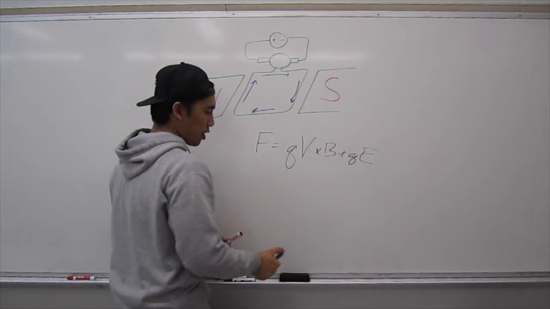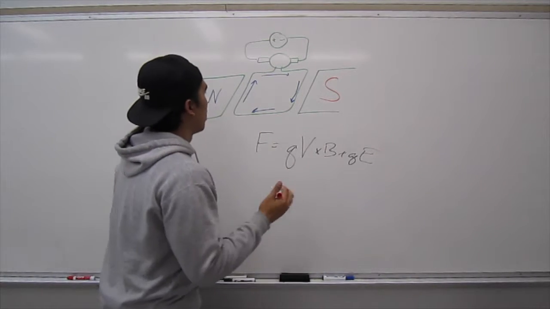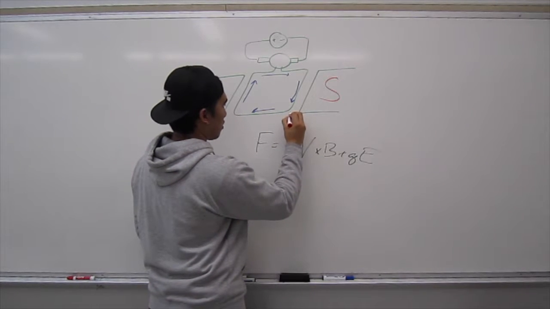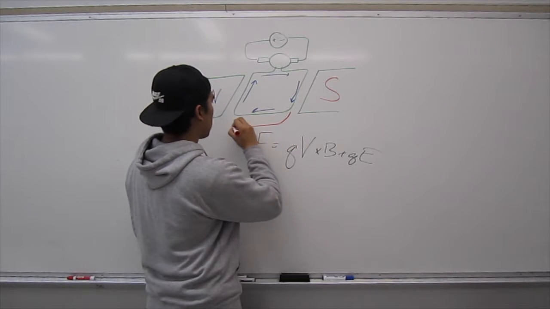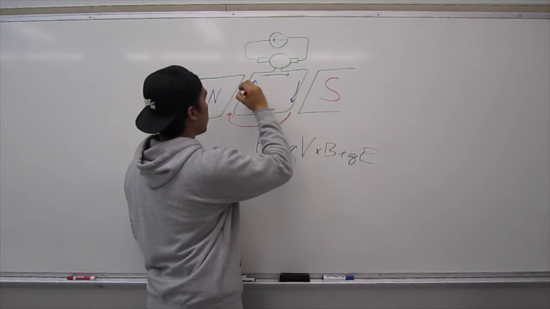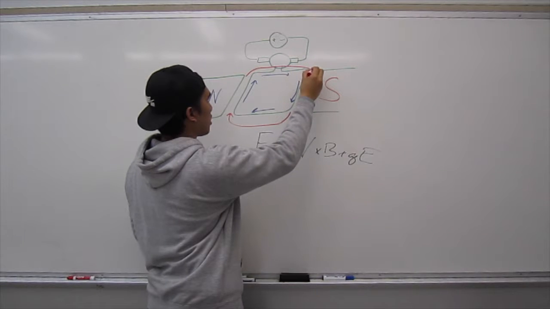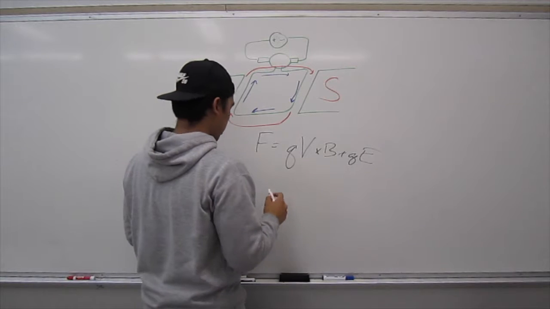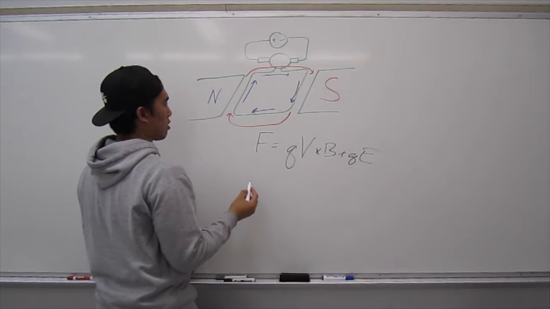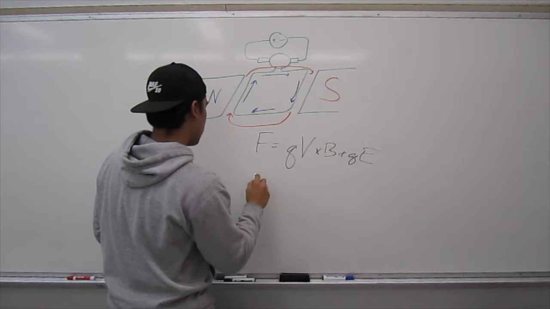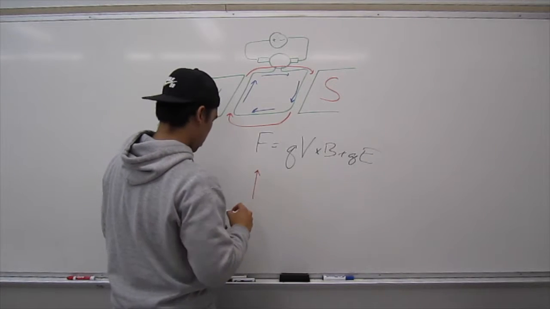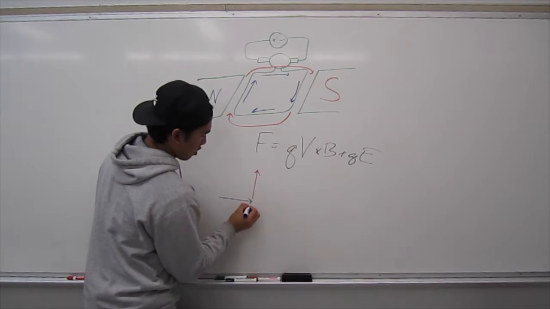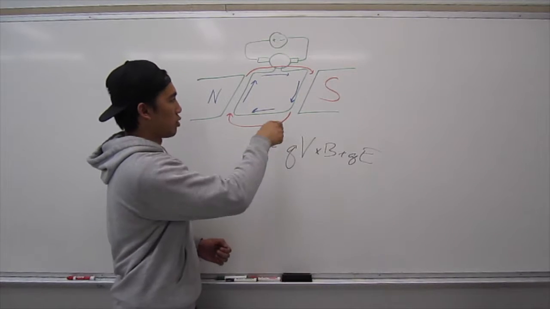And our QV times B is the direction of the magnetic field. So it's essentially going this way. You can't really see it, but essentially it's creating a normal vector, so it's perpendicular. If I were to draw it how it's supposed to look, it would be something similar to this. And then, which basically is what makes the coil turn.